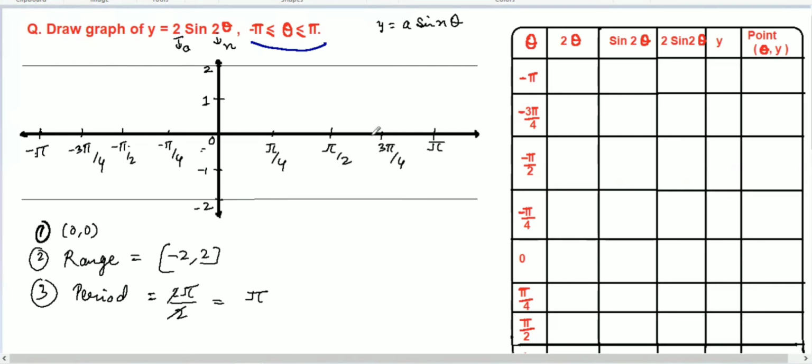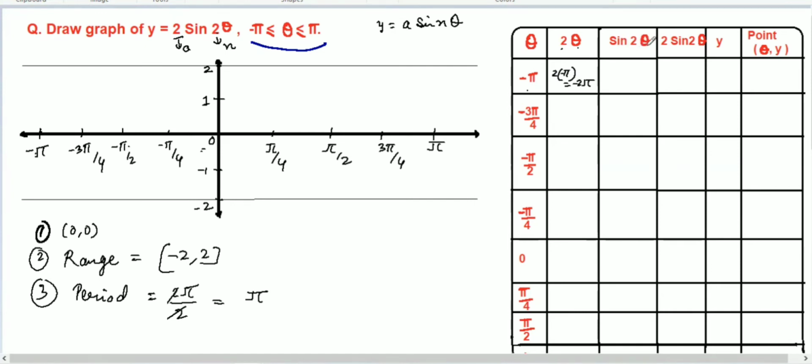We can draw it easily here, but try to understand by making the table as well. So minus pi is here, 2 multiplied by theta. Theta is minus pi here, so we do 2 multiplied by minus pi. We will get minus 2 pi.